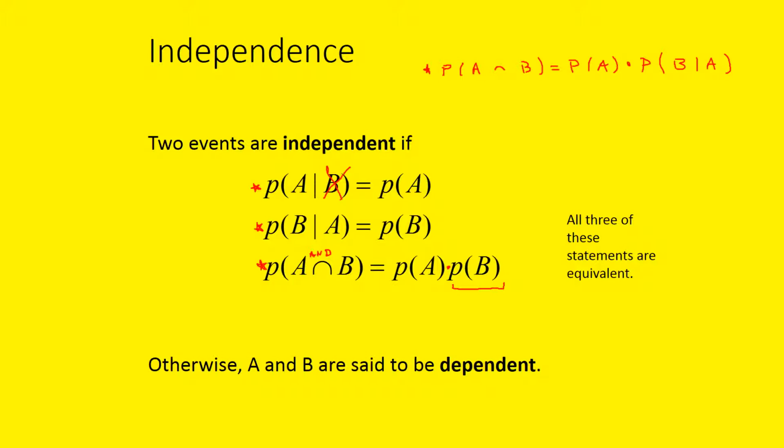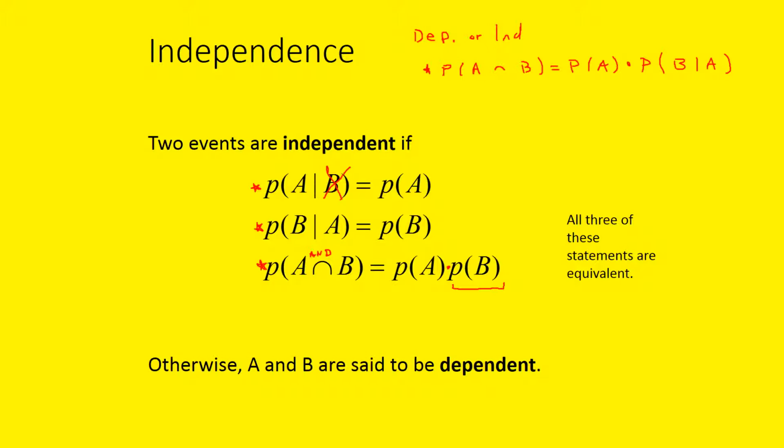So we might think of this as a formula for probability of dependent events, but actually that would show a little bit of a shallowness of understanding, because this equation is true for any events A and B, whether they are dependent or independent.